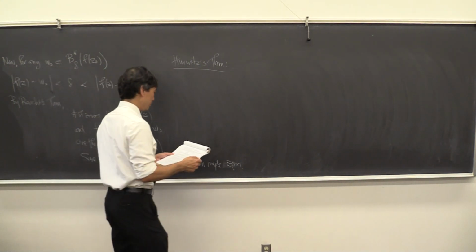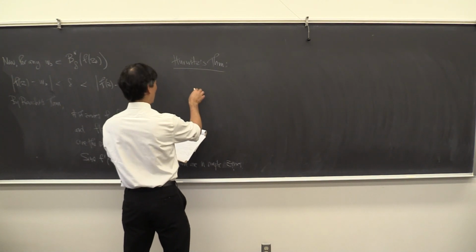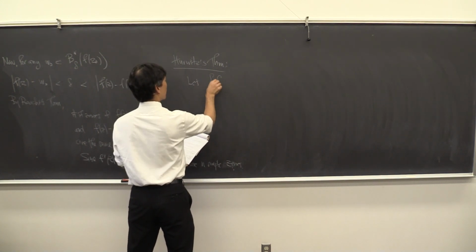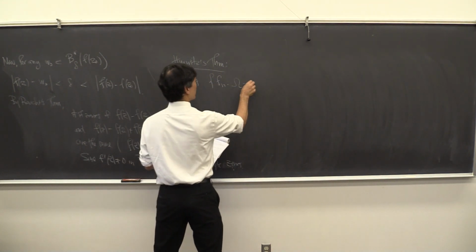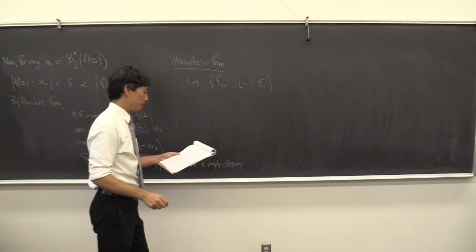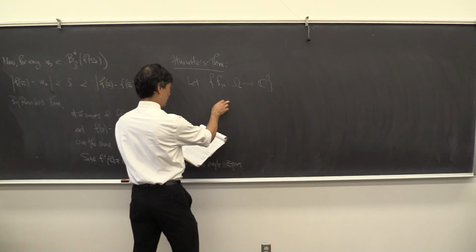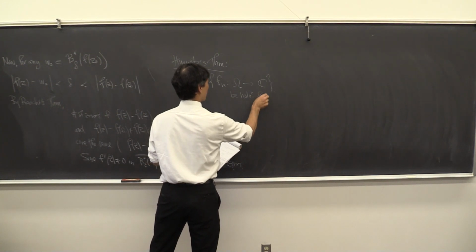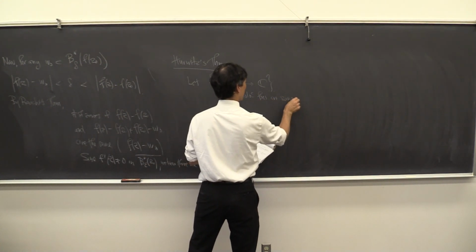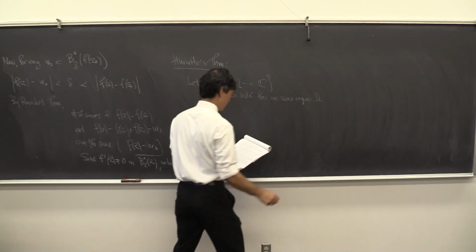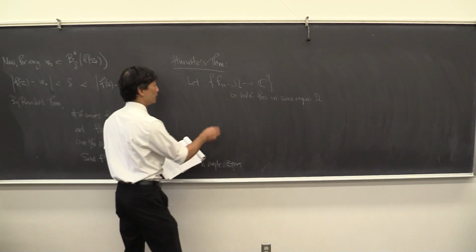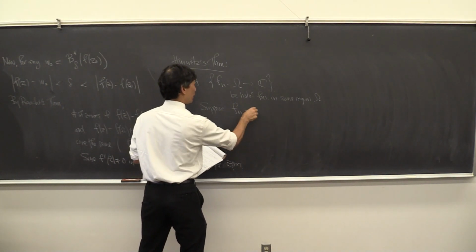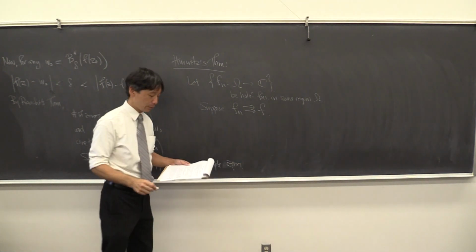Okay, so here's the statement. You have a sequence of functions f_n that are holomorphic functions on some region omega. Suppose that the f_n converge uniformly to some function f.